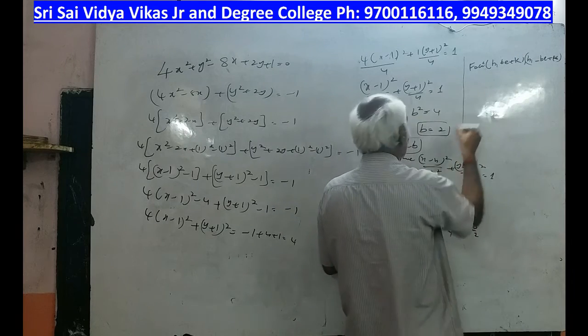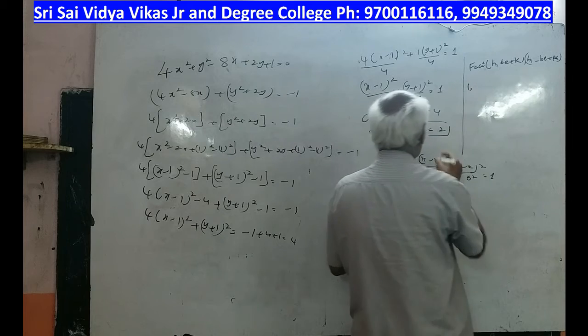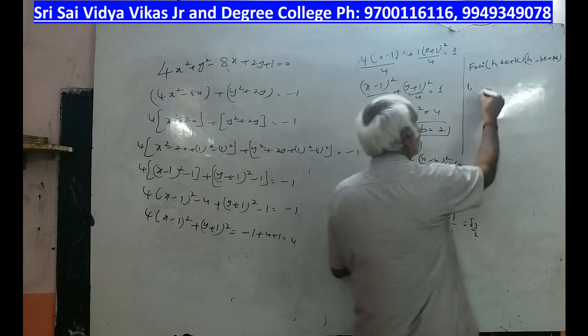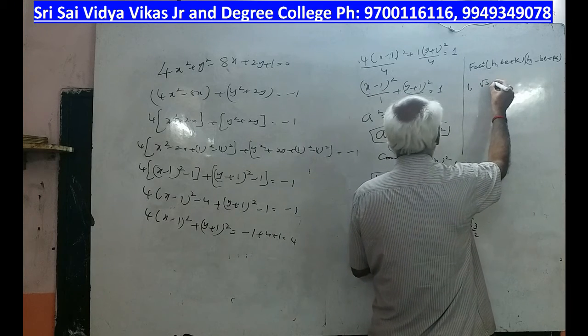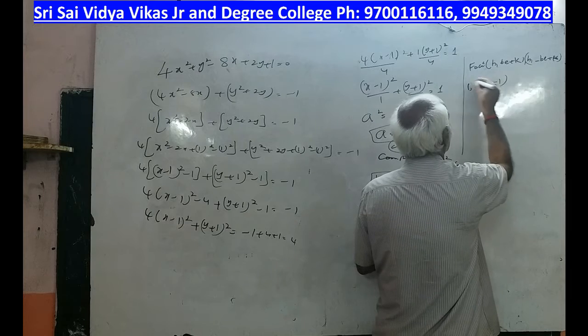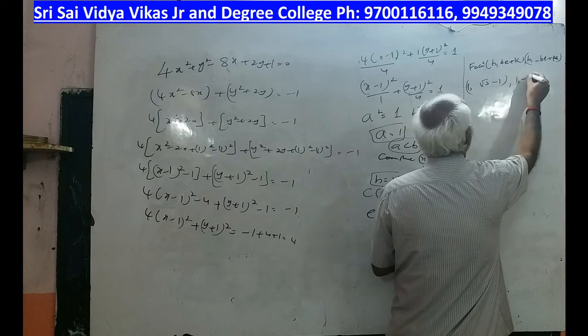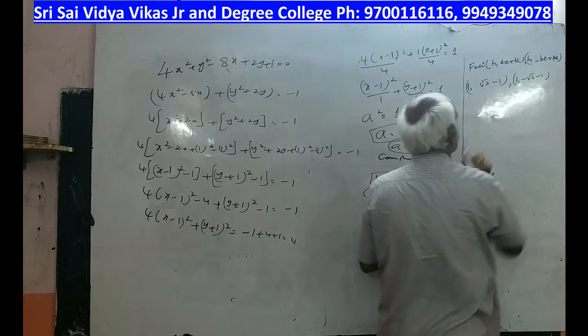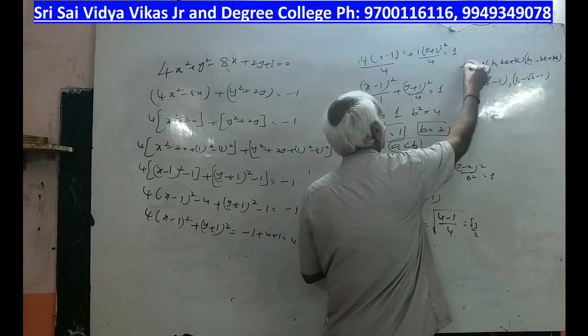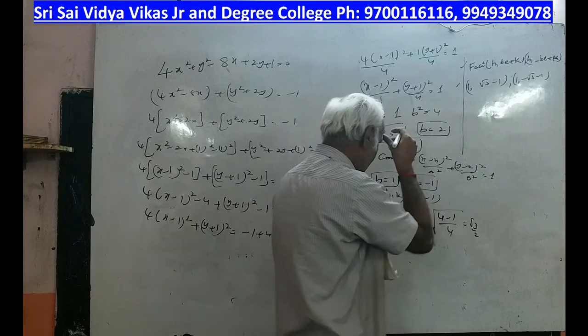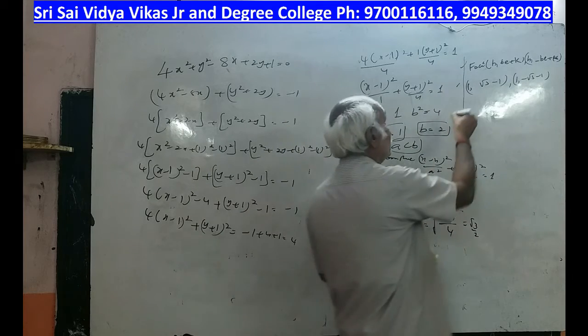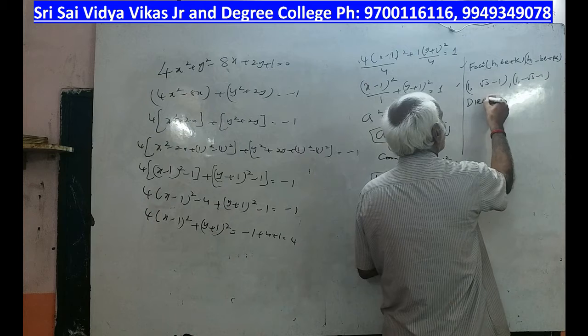So h value is what, sir? 1. b value how much, sir? 2. 2 into √3/2 means √3, plus k value is how much, sir? −1. Here (1, √3 − 1) and (1, −√3 − 1). Next, foci is over. Next, eccentricity is over.